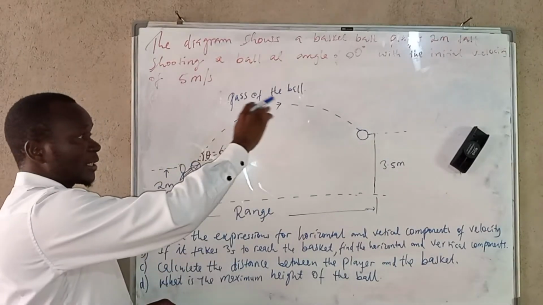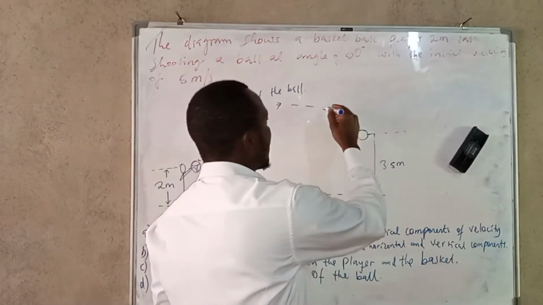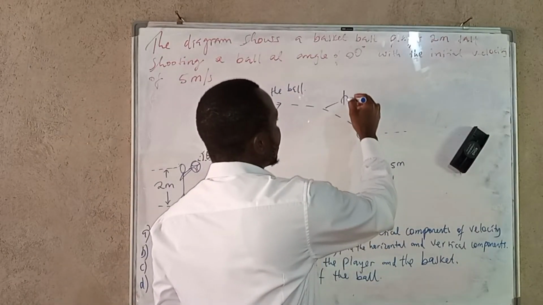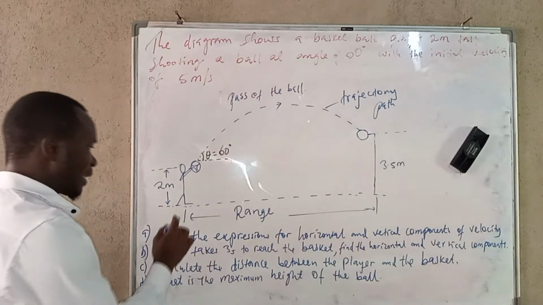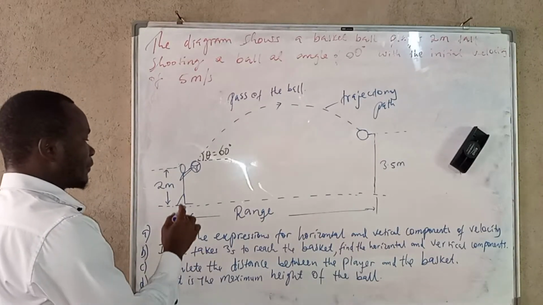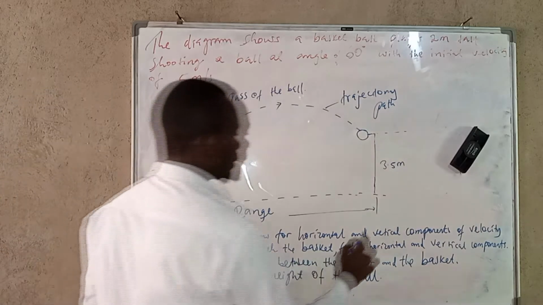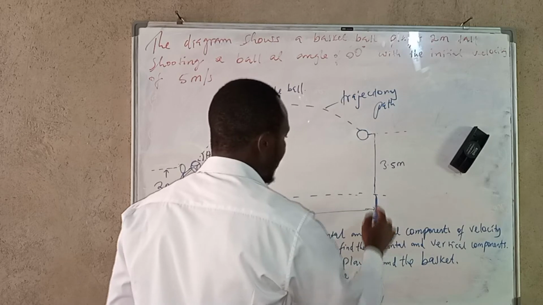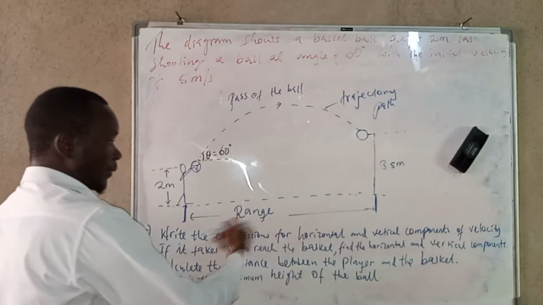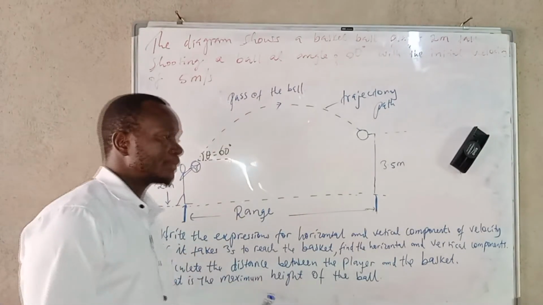And this path that is taken by a projectile is called a trajectory. Then the distance that it covers from this point where the man is standing until this point where there is this basket, the horizontal distance, is what we call the range.